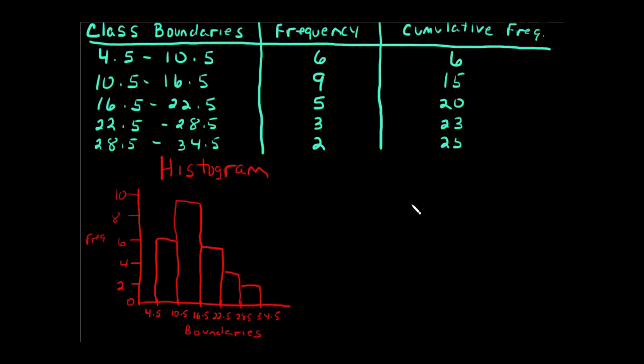So the ogive is constructed in a very similar fashion, but instead of bars, we're going to just create a sort of a line graph. You'll see when I've created it. I'm going to give this a label of ogive. And again, I need a horizontal and vertical axis.